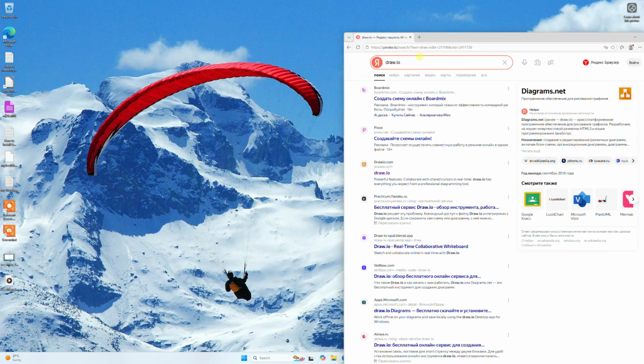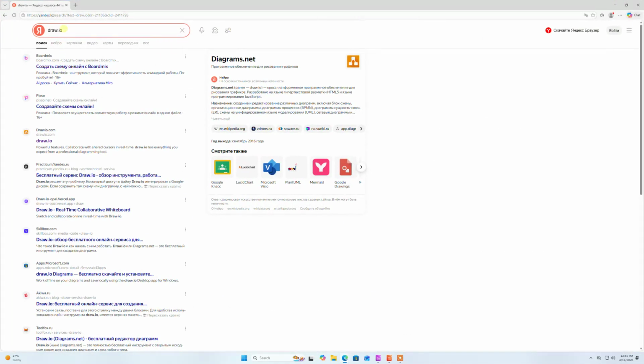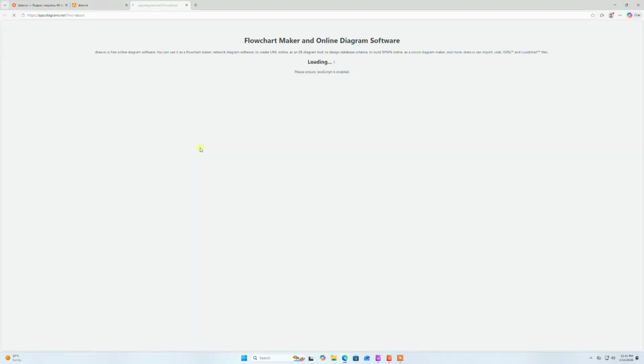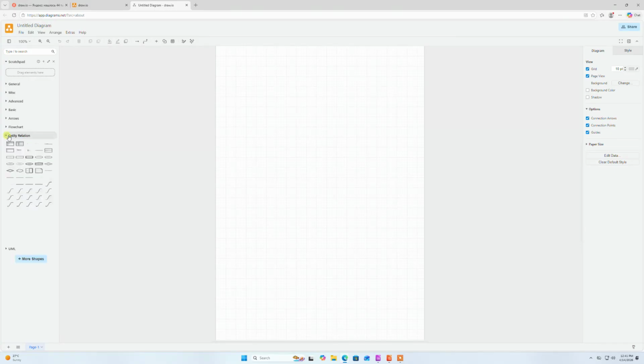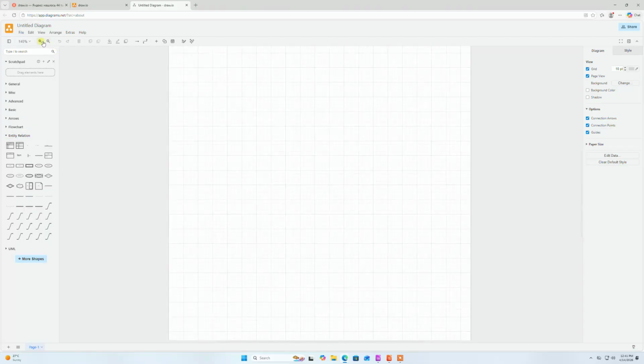I'm going to draw.io, and when I click here, it will start, and here you can find different options, out of which entity relationship is one of the groups. From here you can create the entity relationship diagram. Our scenario is that there are different kinds of notations that we mentioned, so I'm going to pick the Chen notation.